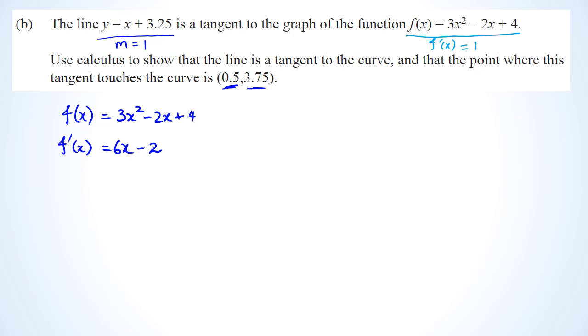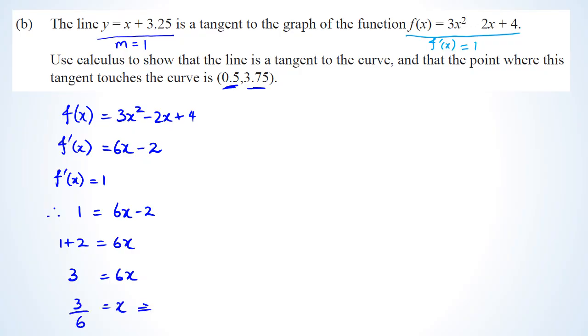So 1 equals 6x minus 2. Rearranging, 1 plus 2 equals 6x, 3 equals 6x, and x equals 3 over 6, which equals 0.5. As you can see, we've worked out the x value of this point.